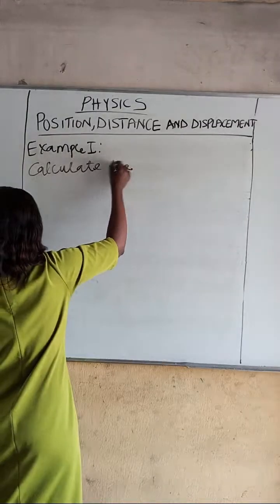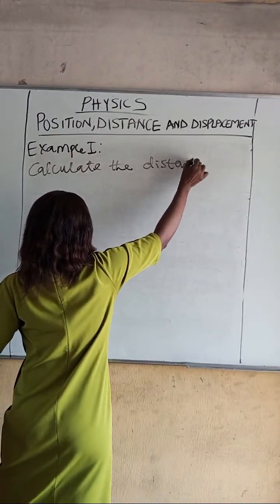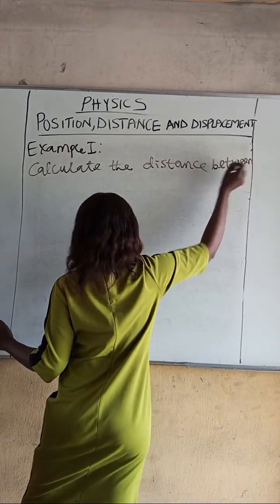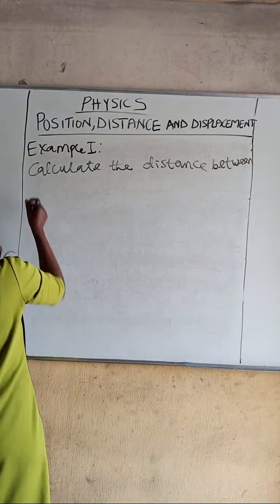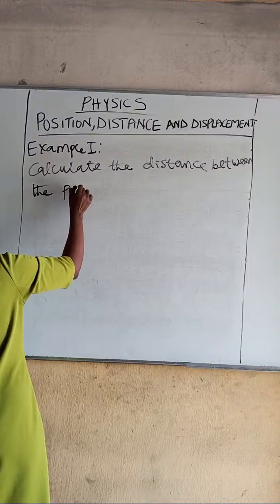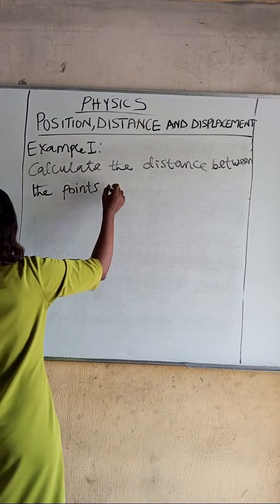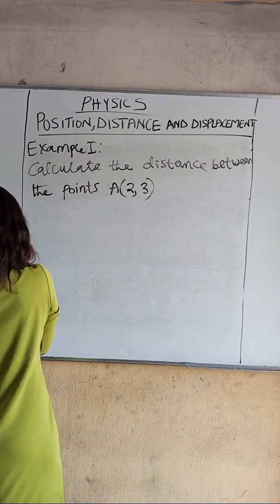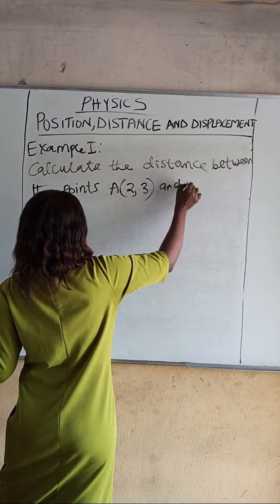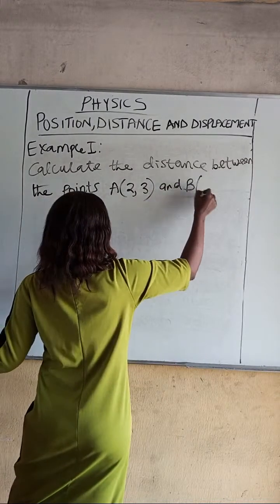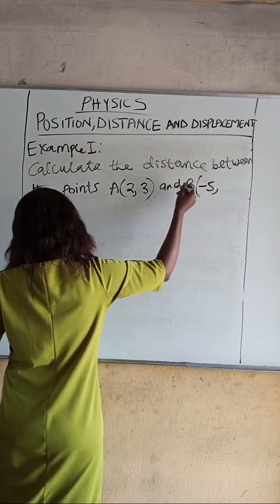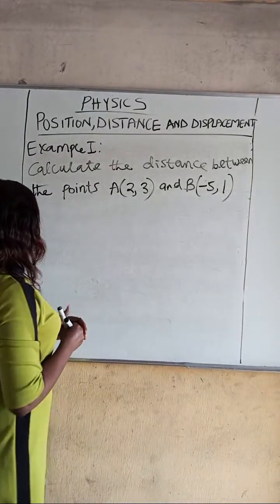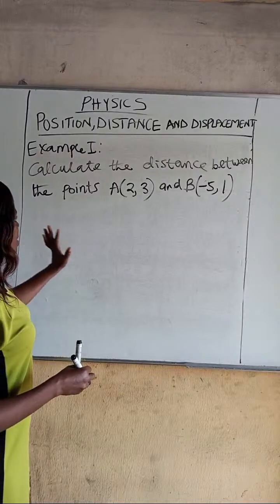Calculate the distance between the points A(2, 3) and B(minus 5, 1).